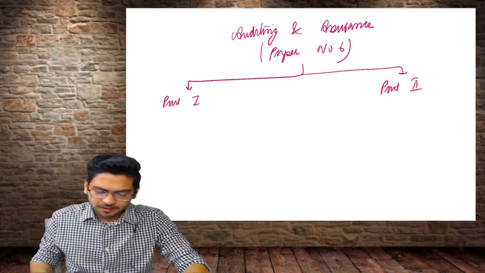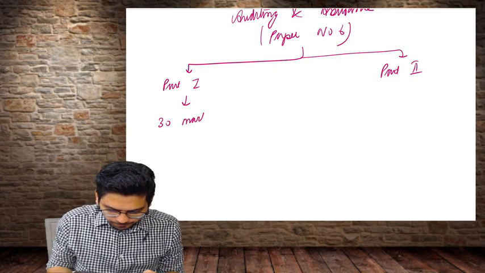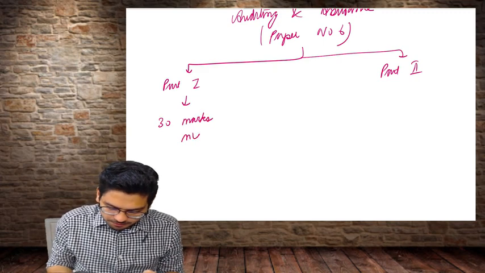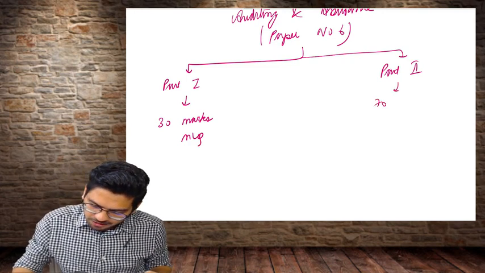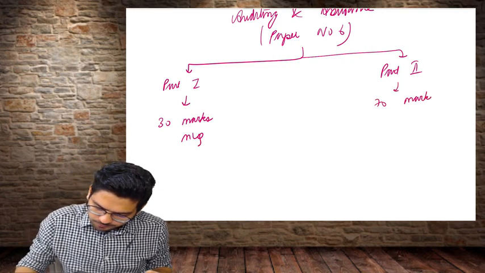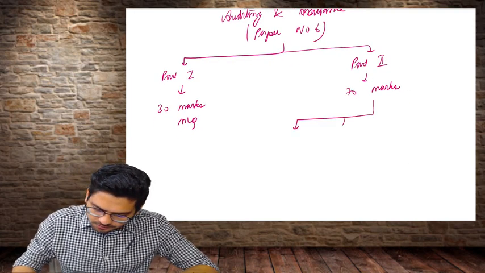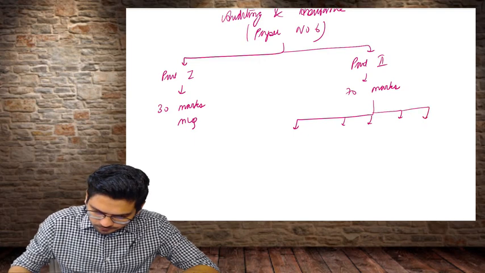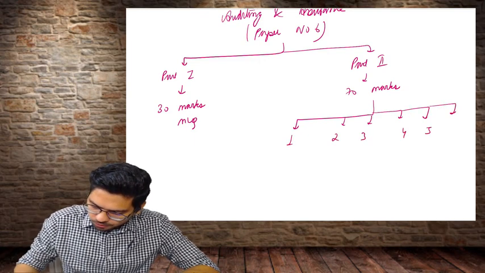The first part is basically 30 marks MCQs. And the second part, obviously, will be of 70 marks, and the number of questions asked from this part is 1, 2, 3, 4, 5 and 6.